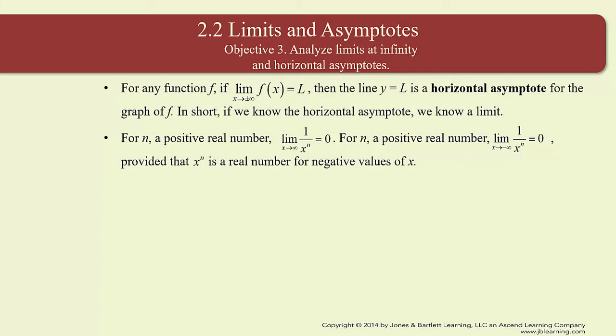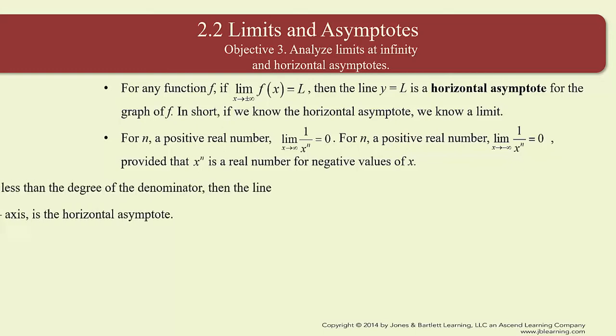So the key in finding these limits at infinity, there's going to be a strong connection to horizontal asymptotes. So in college algebra, we would have seen how to determine horizontal asymptotes. And we can use our knowledge of horizontal asymptotes to find these limits at infinity. So let's review from algebra how we can determine horizontal asymptotes for a function.